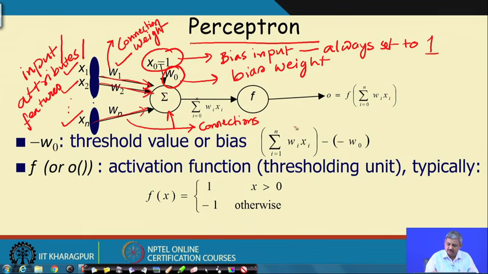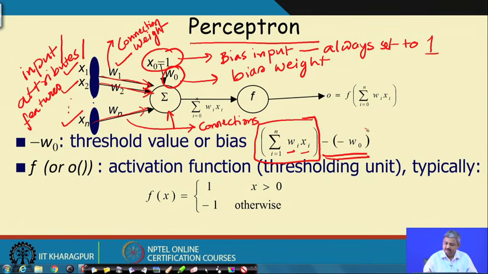It just computes this term, weight into the input, weight into the input, over all the inputs, and it adds up the bias term, bias weight W naught.